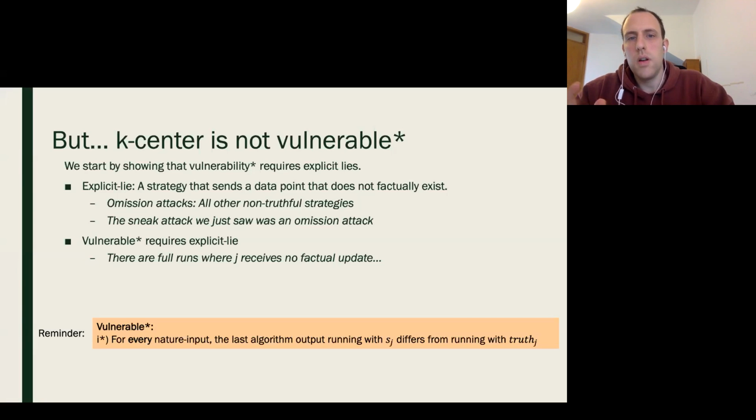But you never report a point that you don't have. An explicit lie would be to report a point that you actually don't have. Vulnerable star requires these explicit lies because, for example, there can be some nature input where you actually don't have any points.